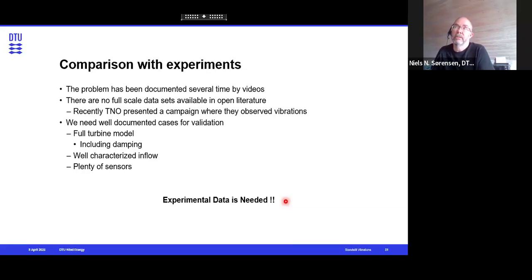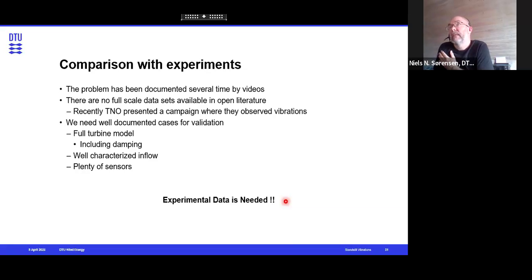Recently, TNO has presented a campaign from their TIADE experiment where they observed vibrations, but I'm afraid that we will never have the relevant turbine data, and maybe not even the inflow data to reproduce these cases.